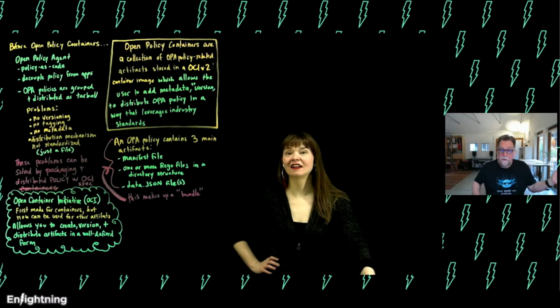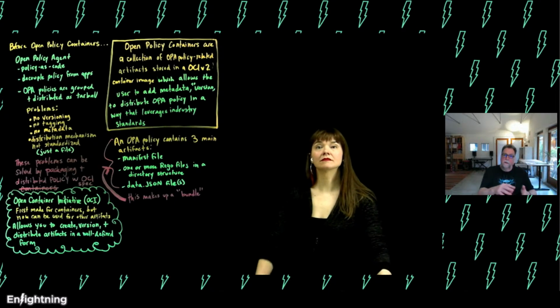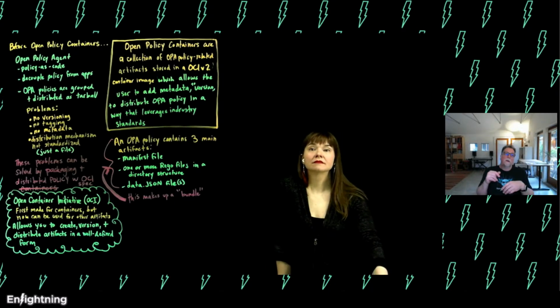Now, that dates back two years ago. Two folks in the community created a proposal of how we could do multi-layering in an OPA world. They started from making it an OCI image and layering it.